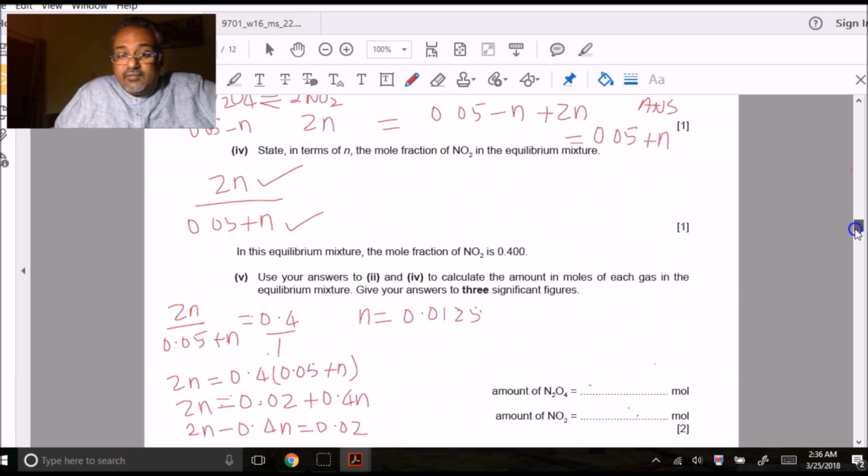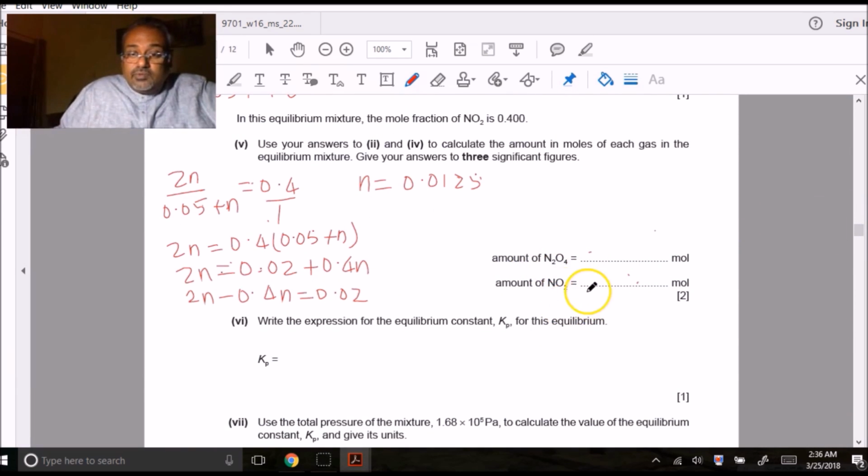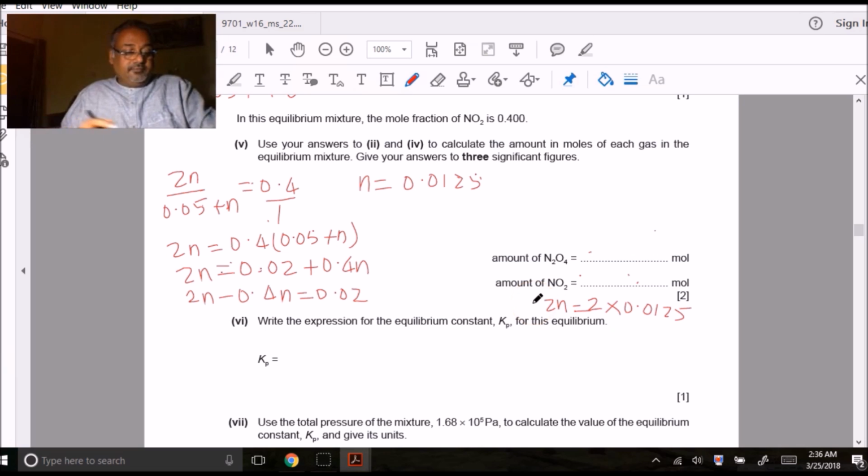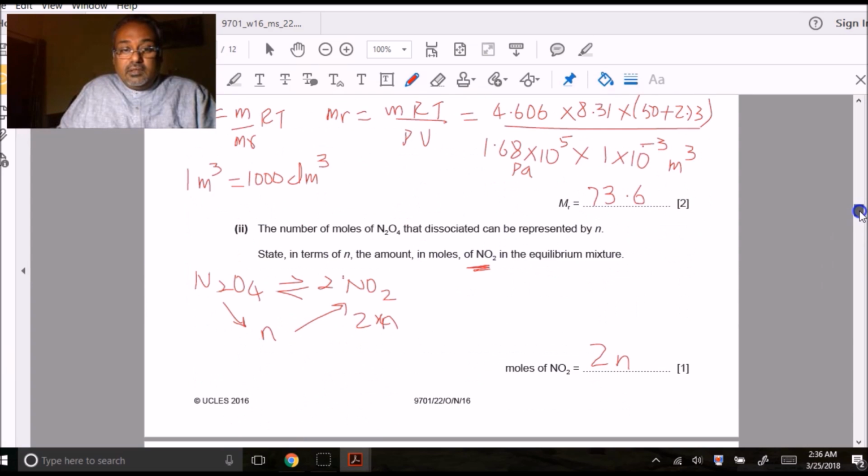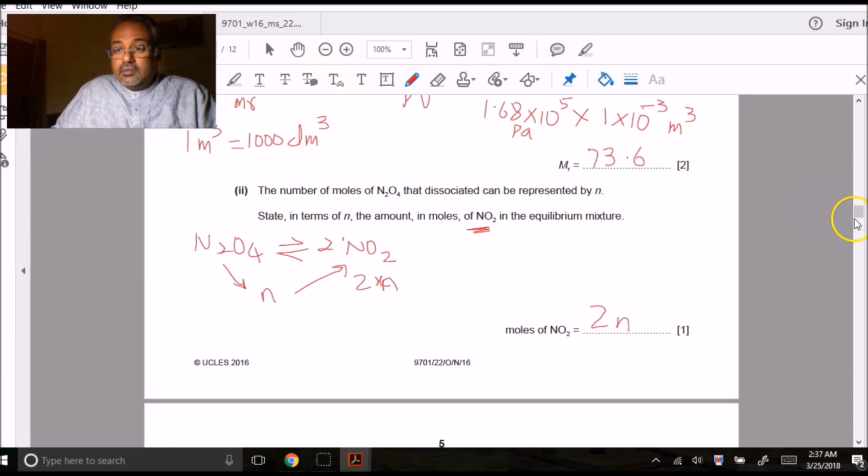So I'm going to take that information. Since the moles of NO2 was 2n, that's 2 times the value of n, which is 0.0125, so the NO2 works out to be 0.0125 times 2, which is 0.025.